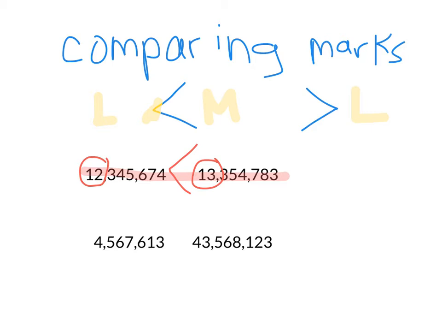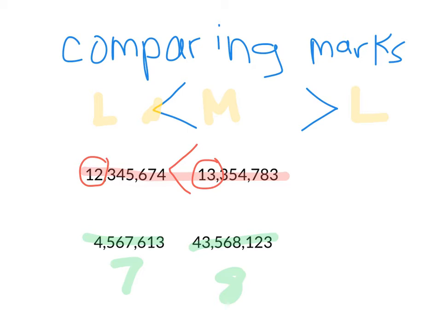The next one is harder because in this one, there are 7 digits, and in this one, there are 8. That makes a difference. That means one is bigger than the other.